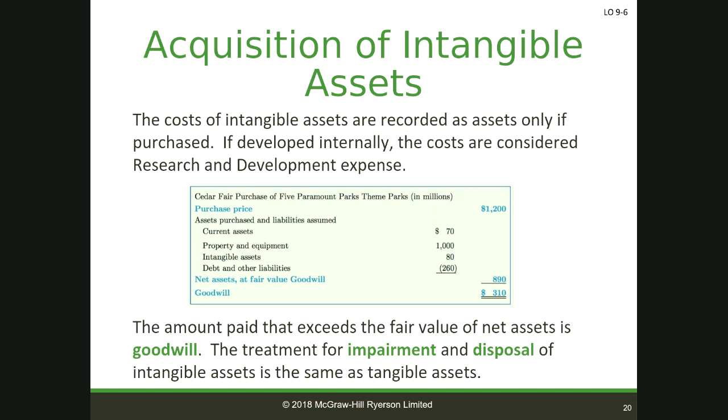With respect to goodwill, they're talking about goodwill at the bottom of the PowerPoint here. It says the amount paid that exceeds the fair value of net assets is goodwill. So if you bought Apple, Apple would have assets on its balance sheet, so you determine the fair value of those. It has liabilities on its balance sheet, so you determine the fair value of those. You add those two numbers together.